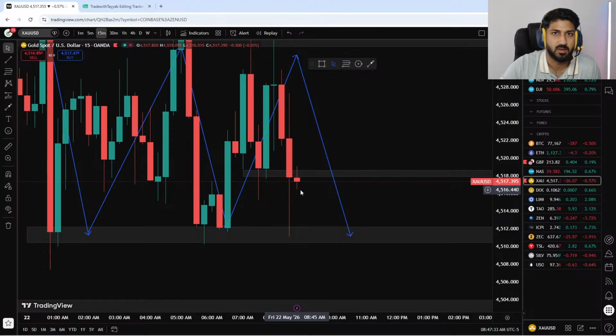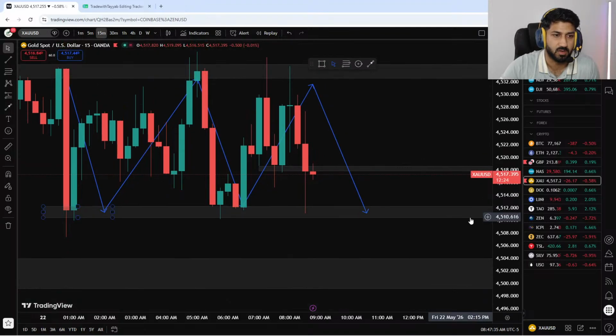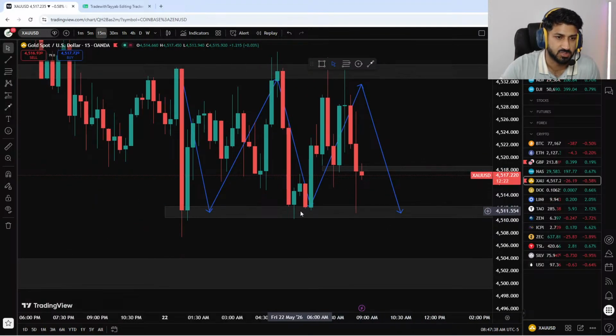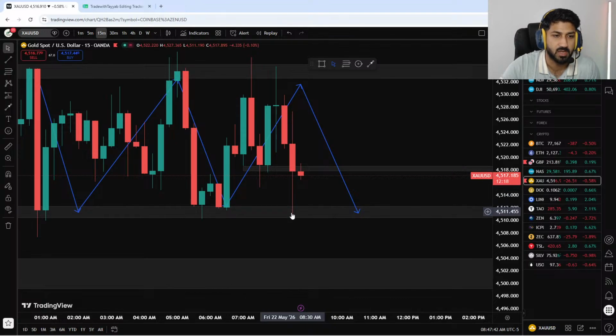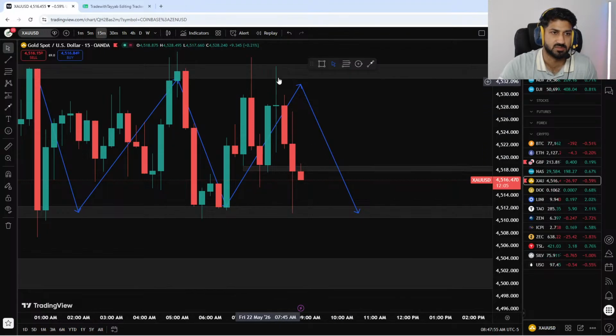The reason why I'm waiting is for us to have a better confirmation if we're gonna reject this area, because price has already come down in the last 15-minute candle. So there is a higher probability that it could push down a little bit lower and then continue to drive back up in this resistance area.